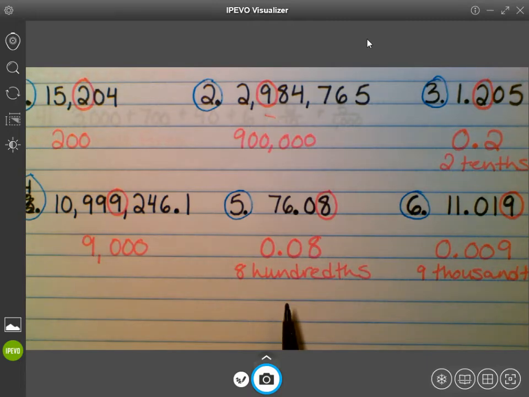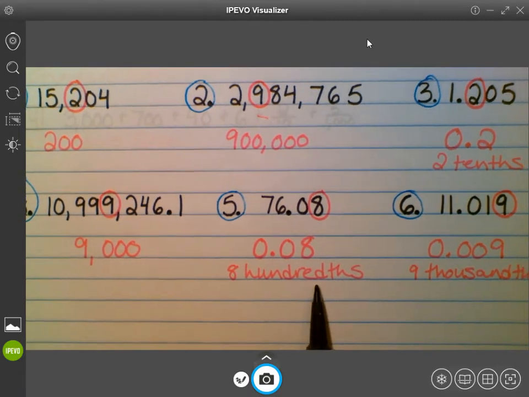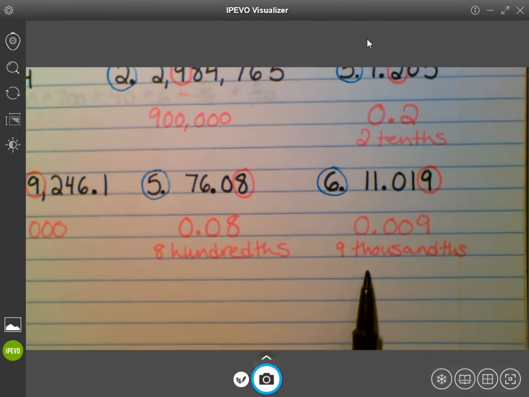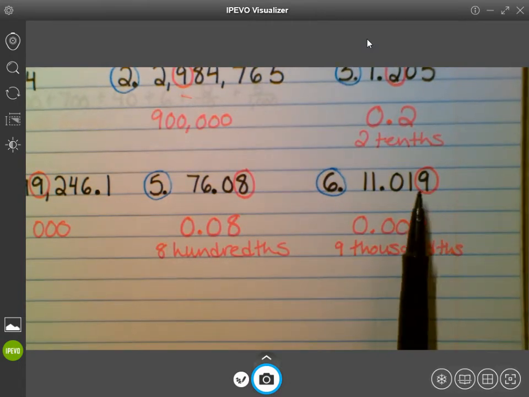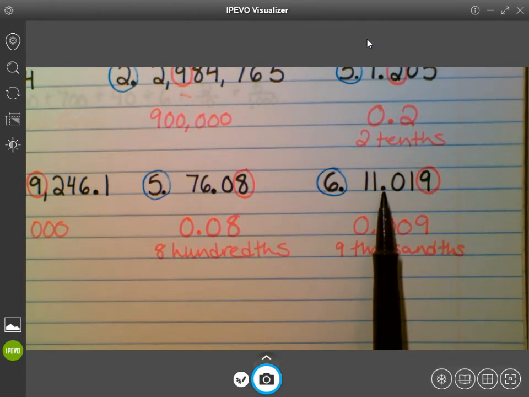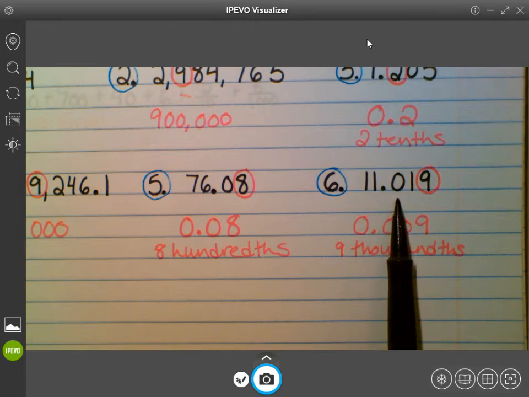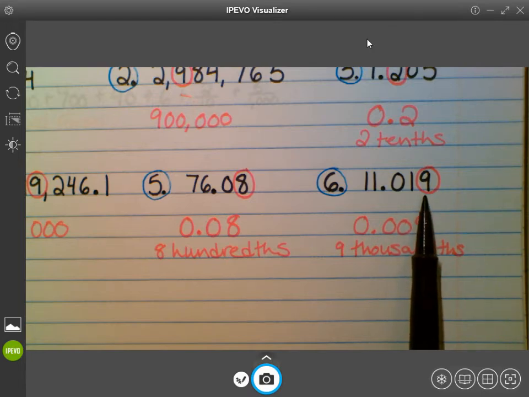if you didn't do that, your standard form. And then we have number 6. So number 6, our 9 was circled. So we started our decimal, we're going to the right. We have our tenths, our hundredths, and our thousandths.